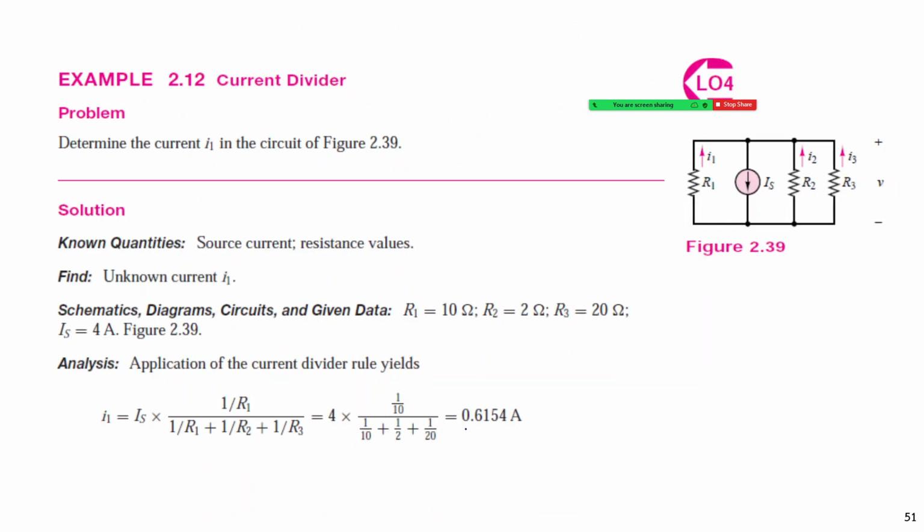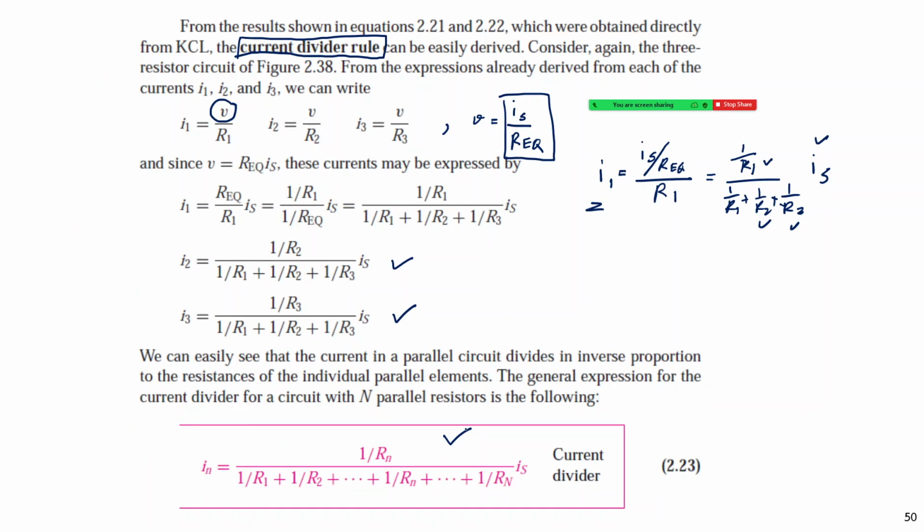But if you have only two elements, R1, R2, this is Is and this is I1, this is I2, right?